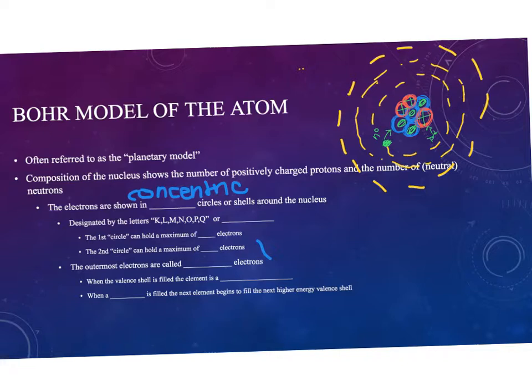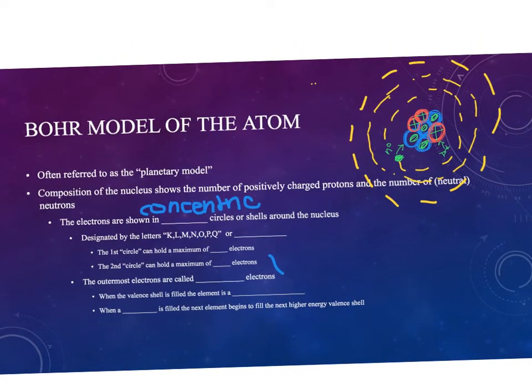Does that make sense? I can't hear you, but I'm assuming you're saying yes. So, the first circle, in this case, can hold a maximum of 2 electrons. And the second circle can hold a maximum of 8 electrons.